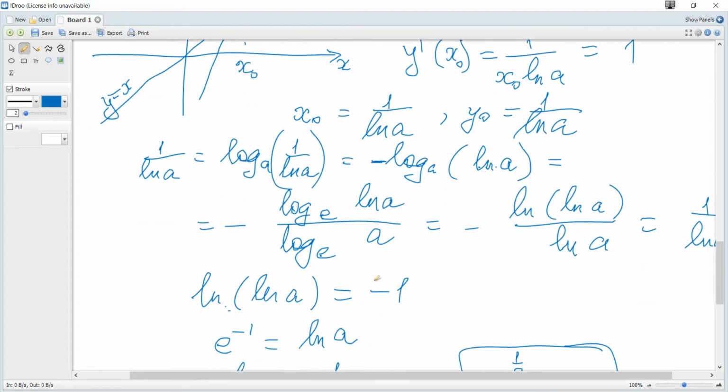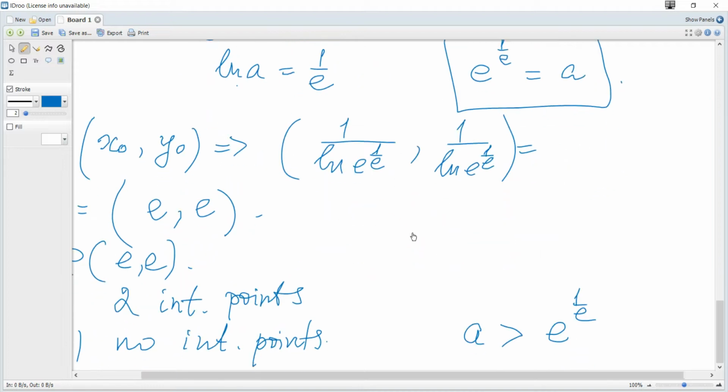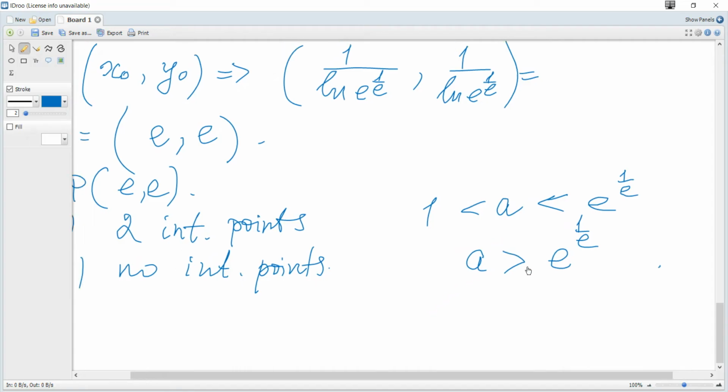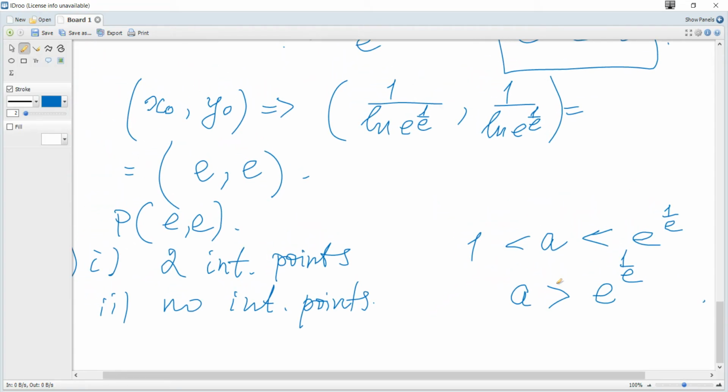And definitely if a is greater than 1 and strictly less, because when it is equal, it's a tangent, only 1 point, and we need 2 points, less than this value. When y is x is a tangent, there will be 2 points of intersection. And that's all for this question.